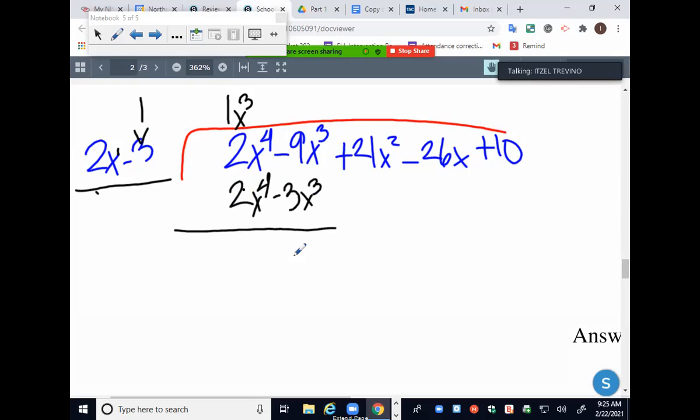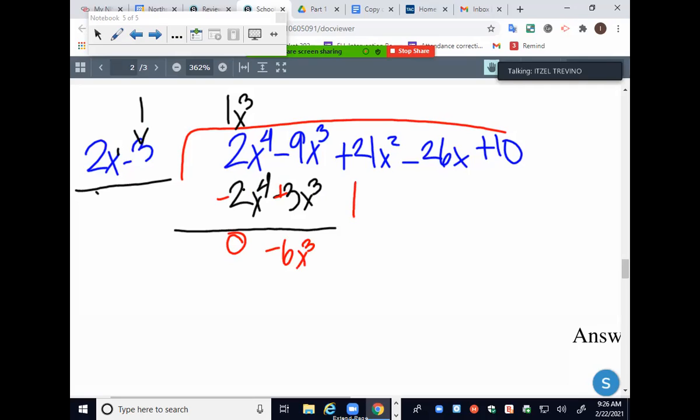Okay, we're going to subtract them, so my signs change. 2x to the fourth power minus 2x to the fourth power gives me 0. And then I have -9 plus 3 gives me -6. My variable and my exponent remain the same because we're subtracting, and we know this.